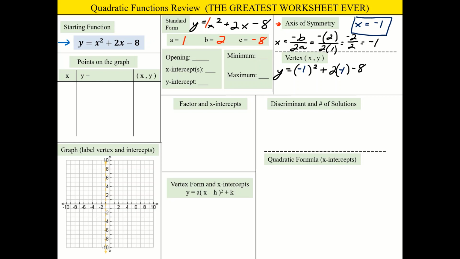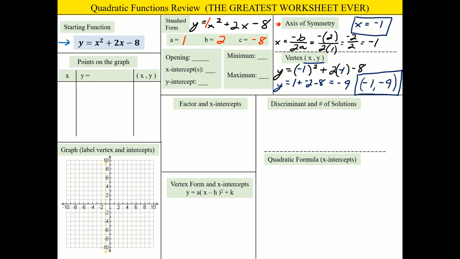You could just type the whole thing in the calculator, or -1 squared is 1, plus -2, minus 8. So we have -1 minus 8, and that gives us that y is -9. Again, the vertex is an ordered pair, so we need to write it as -1, -9. That's the correct answer.